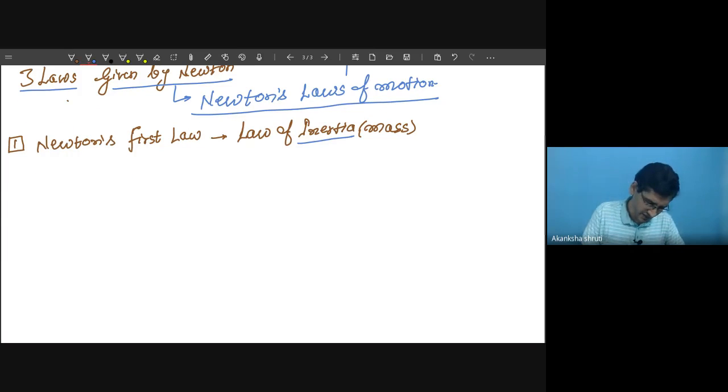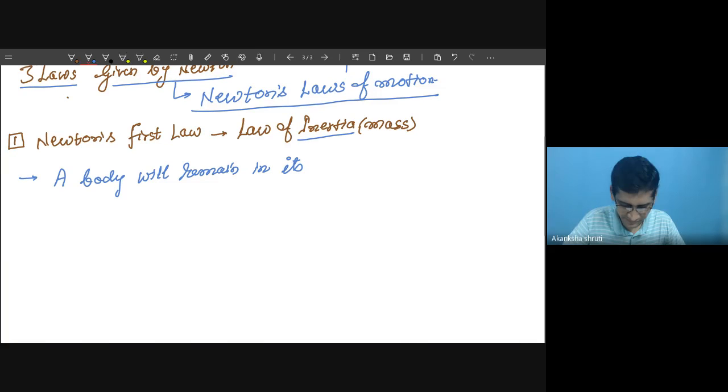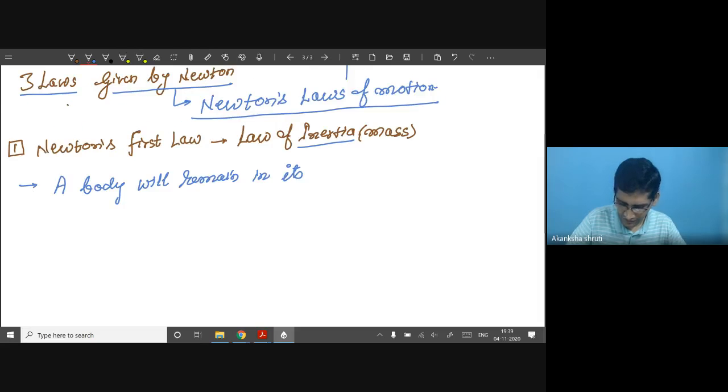So this law is given like this: a body will remain in its state of rest or uniform motion.